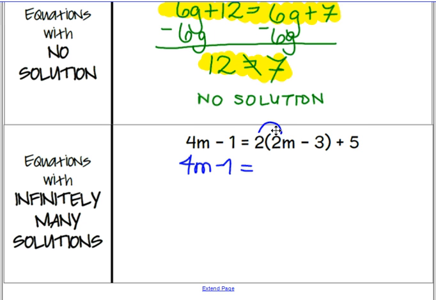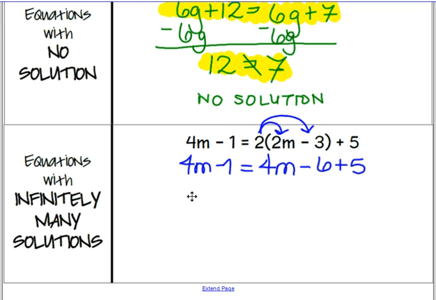And then I'm going to distribute. So 2 times 2m is 4m, and 2 times a negative 3 is negative 6. And then I'm going to bring down that positive 5, remembering that the 2 does not get distributed to that positive 5 because it's not in the parentheses.